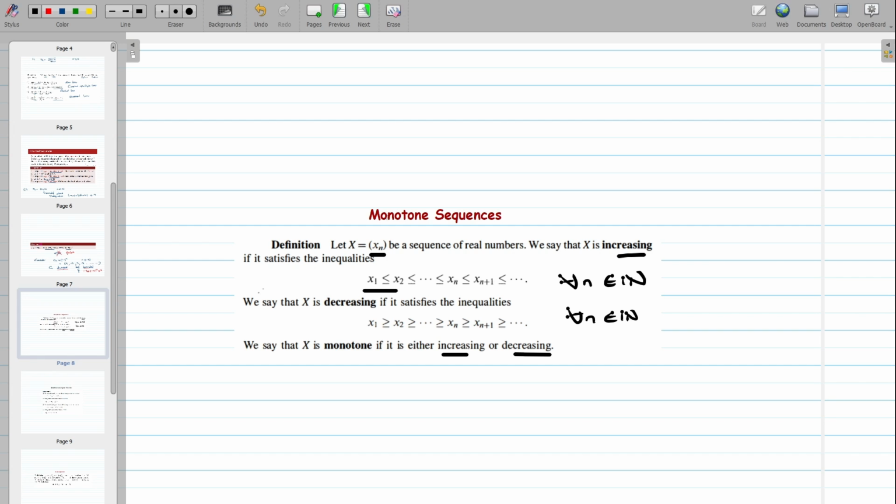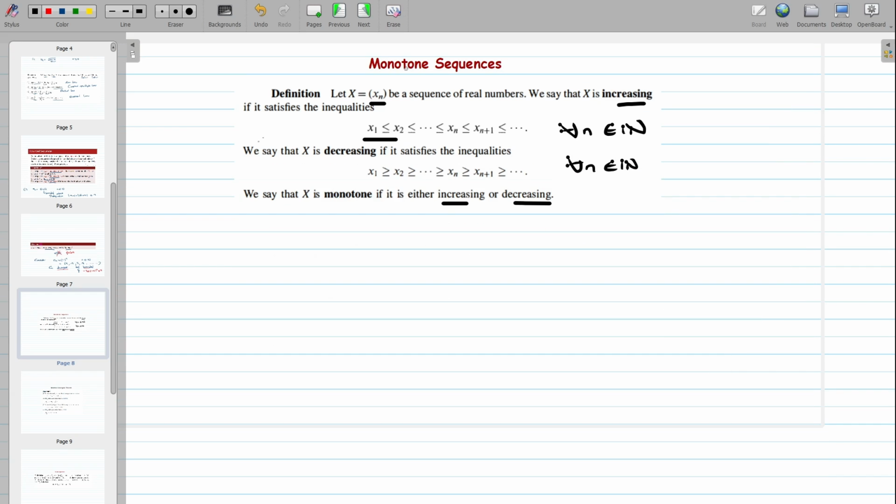So this is what a monotone sequence is: a sequence that is either increasing or decreasing. Now let's look at some examples of monotone sequences, starting with examples of increasing sequences.